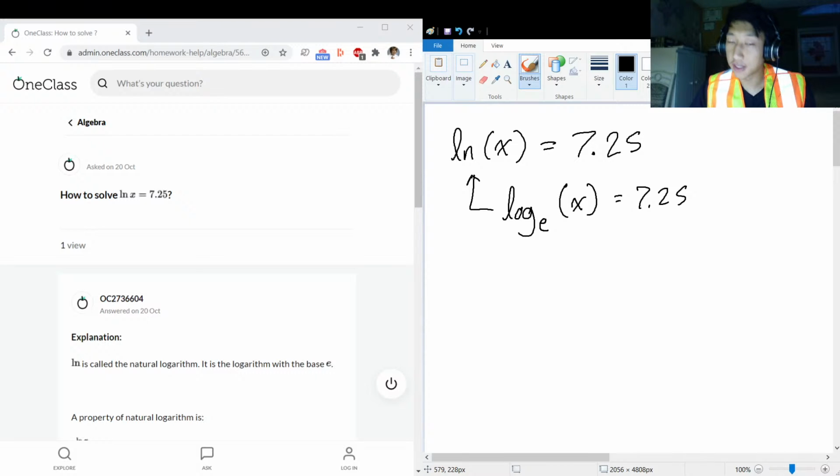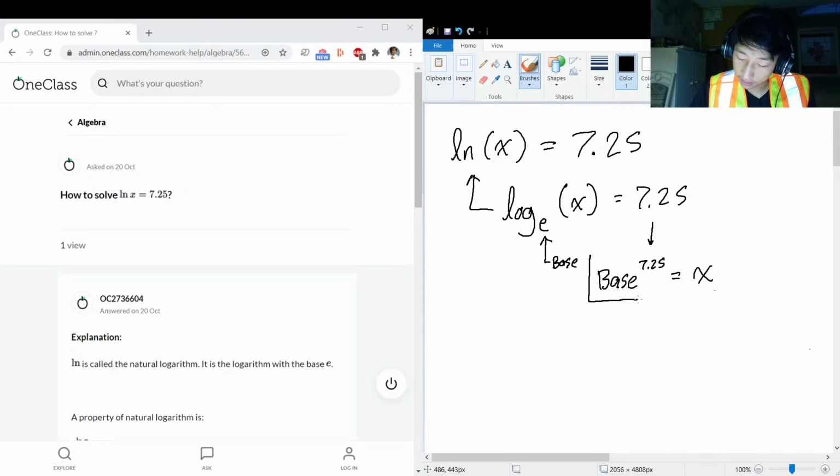And what log basically is saying is that the base here, that's the base, to the power of the result, 7.25 in this case, is equal to x. This is essentially the secret sauce to finding logarithms. In this case, the base is e, Euler's number.